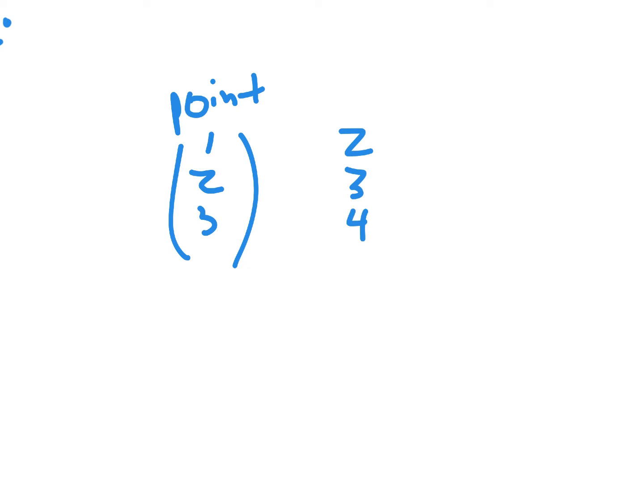All right. Next up, let's say that I wanted a vector equation between these 2 points. This is a point that's different than a vector. The point 1, 2, 3, and the point 2, 3, 4. These are points.